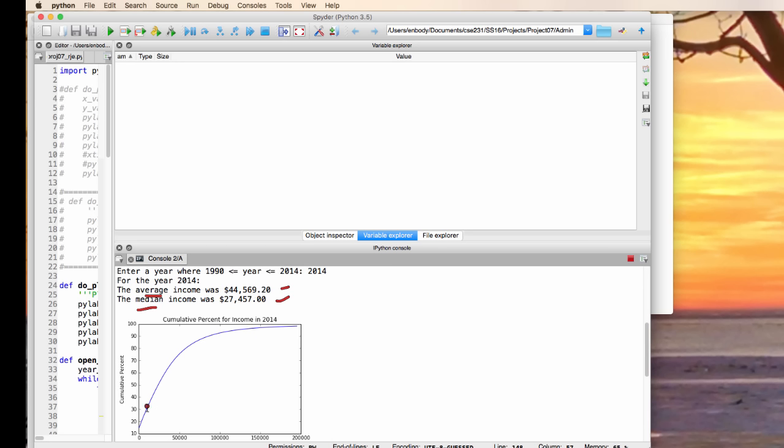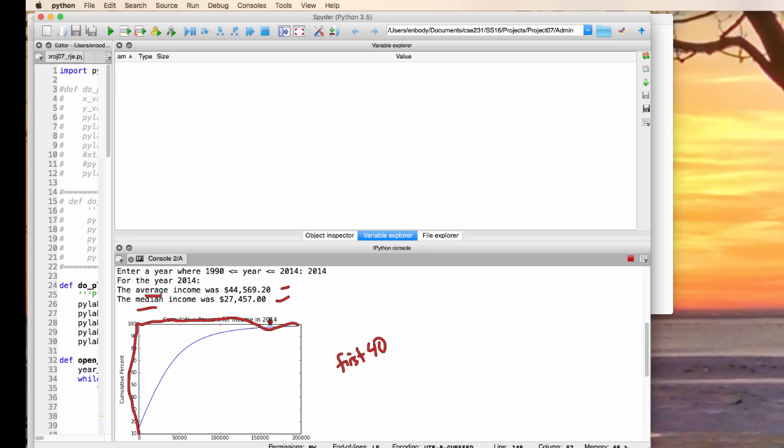And then find the cumulative percentage. Notice that I say that you do the first 40, because it turns out that if you try to do all of them, the plot just goes right up the vertical line and right over here, and it's not a very interesting plot. In fact, you can't even see it.